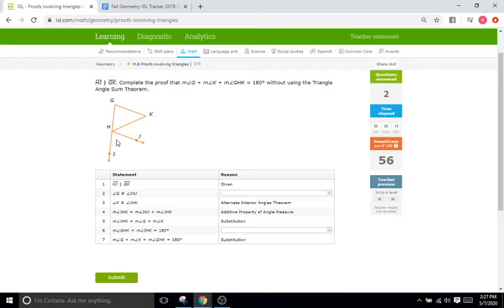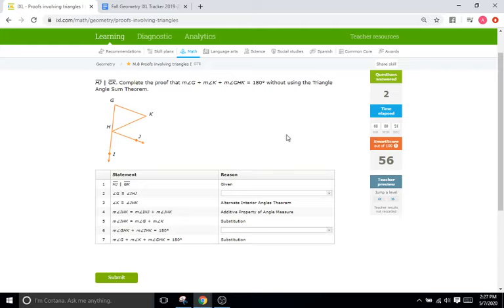And why is that? Well, if you look at it and maybe tilt your head a little bit, and you know that these two lines are parallel, you can kind of imagine this line goes on a little bit and this line goes on a little bit. That means this one is a transversal, right? So we have a line that goes on, a line that goes on, and we have a transversal here. Meaning the angle here and the angle here are both on the same side of the transversal and on the same side of their respective parallel lines, meaning they are corresponding angles.